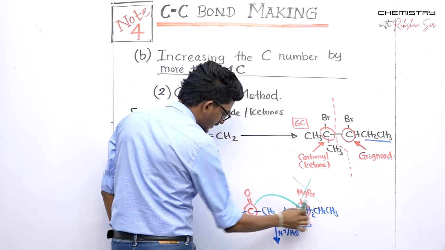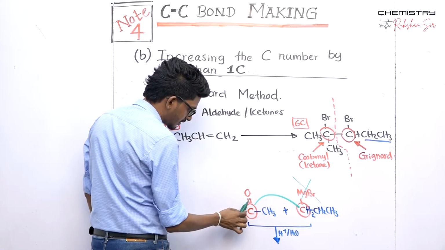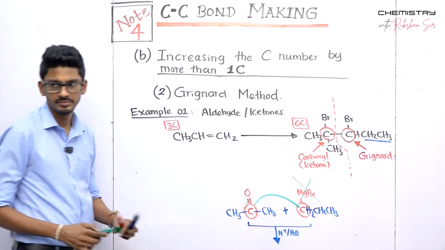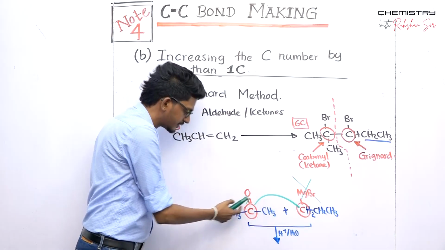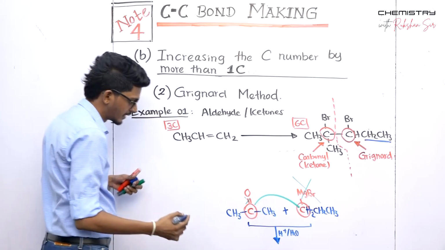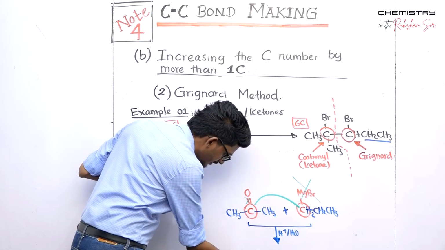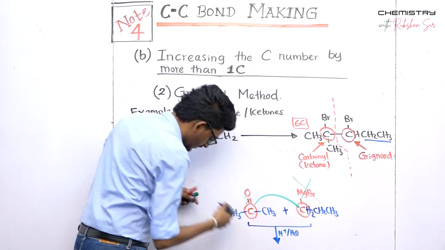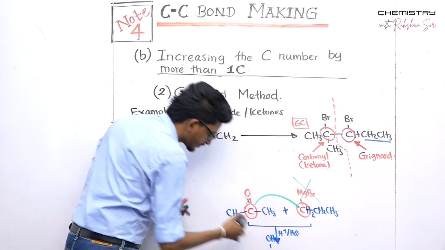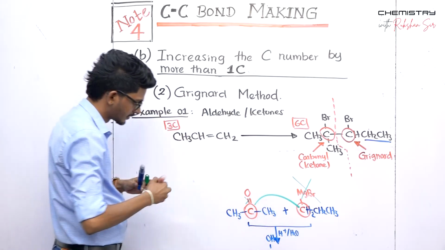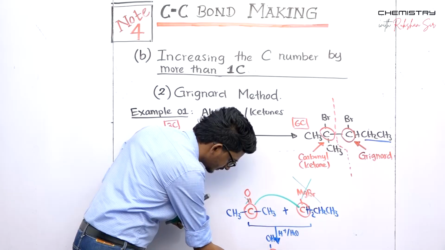This will cancel off with one of the bonds here. So let's write that. You have the CH3, and you have this carbon as OH, coming as OH ultimately. That is this carbon now.